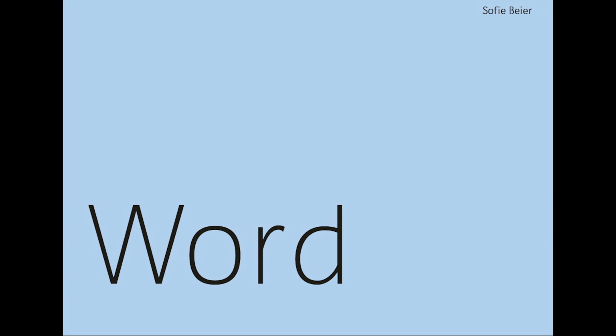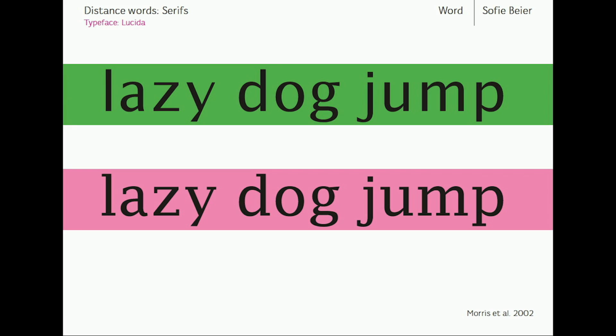Okay, so most often we see letters in combination in a word, so we have to make them work in a word as well. So if we stay with the topic of serifs, this study is quite interesting, because here they did what you have to do when looking at typeface legibility. The researchers here looked at different versions of Lucida, one with serifs and one without.